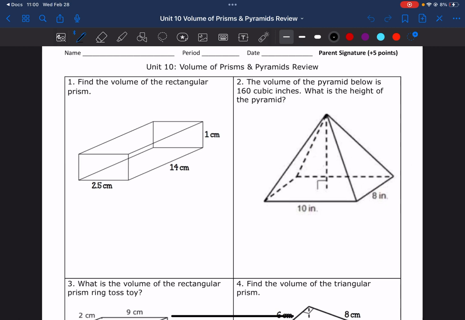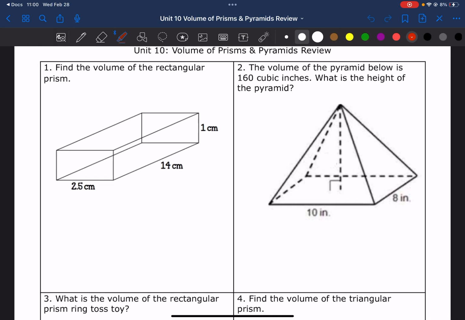Here this is a rectangular prism. A rectangular prism is the only 3D figure where you can just simply take these three numbers and multiply them together. The formula is V equals capital B times height, and you do have to find the area of a rectangle because the base is a rectangle. The base is going to be this right here.